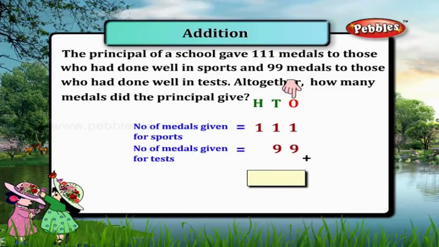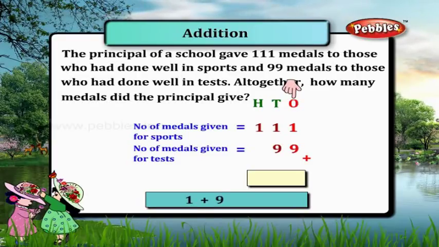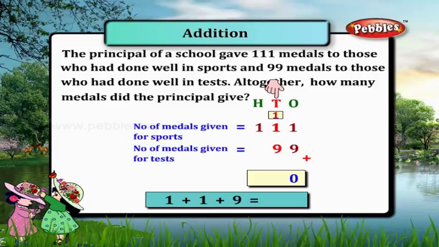Add the ones. 1 plus 9 is equal to 10. Write 0 in the ones column and carry over 1 to the tens column. Add tens. 1 plus 1 plus 9 equal to 11.